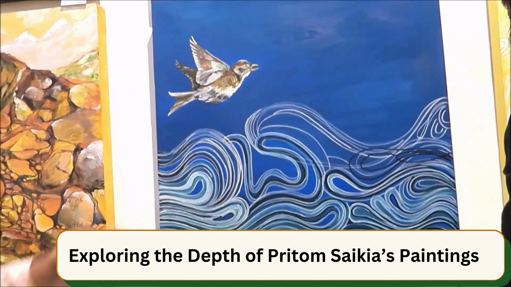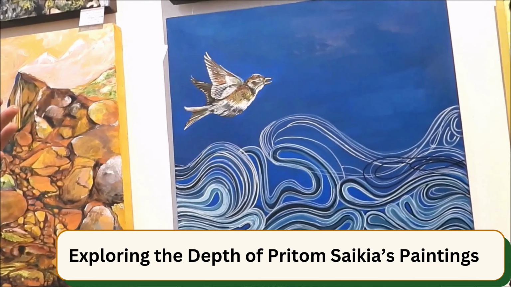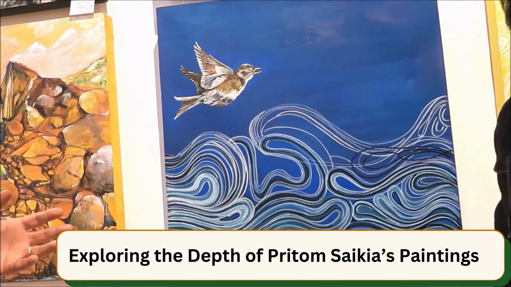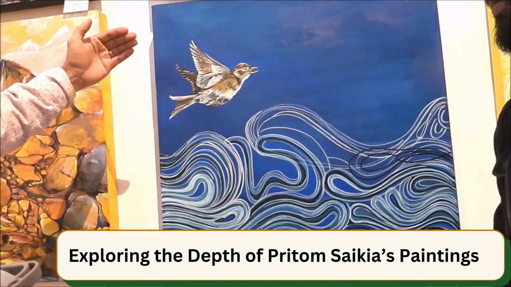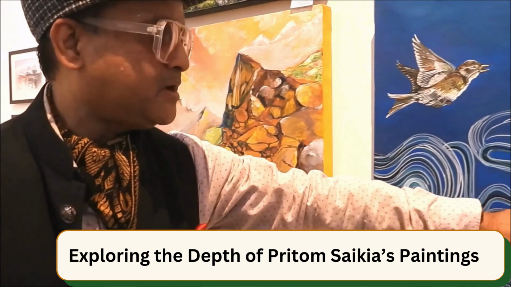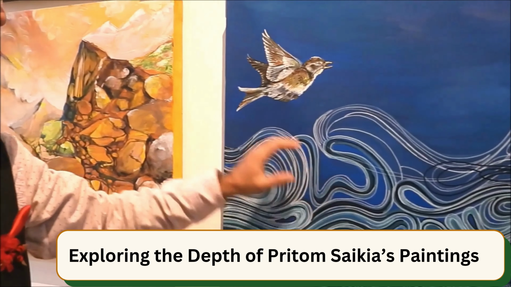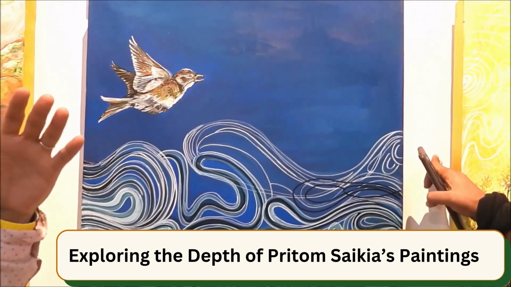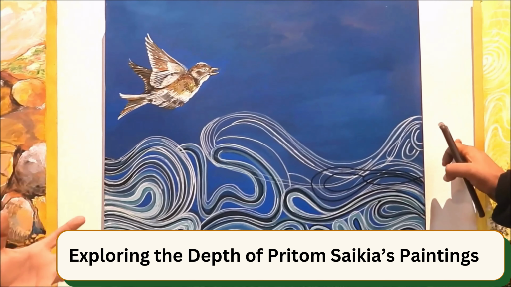So the skylark is a bird, and it's flying. And it's also known for its good singing, right? And she's flying above the sea, and these are the waves of air. These are the obstacles, and she's freely flying on the top of the air, just going to a distance and enjoying her life. So that's the freedom I'm talking about.